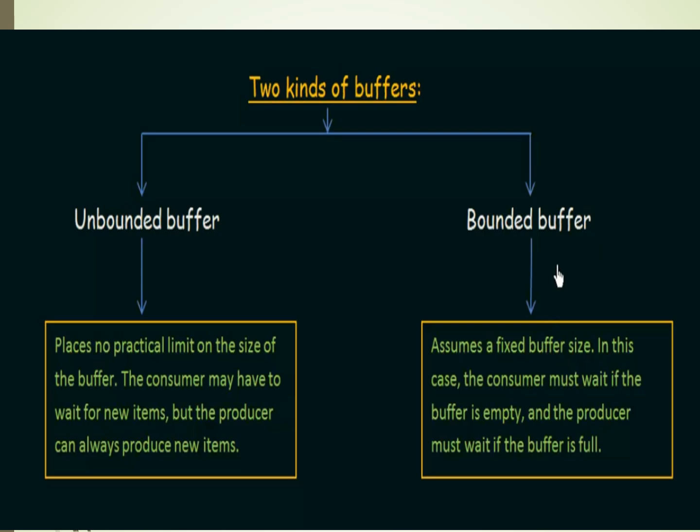In that case, the producer has to produce, and the consumer will wait until the producer releases at least one item. So this is the solution for the producer consumer problem. For the buffer we have two types, bounded and unbounded.